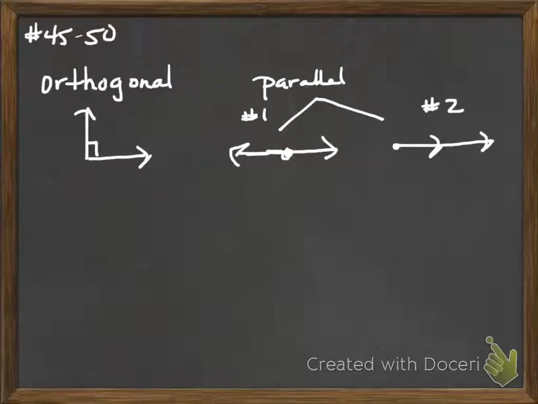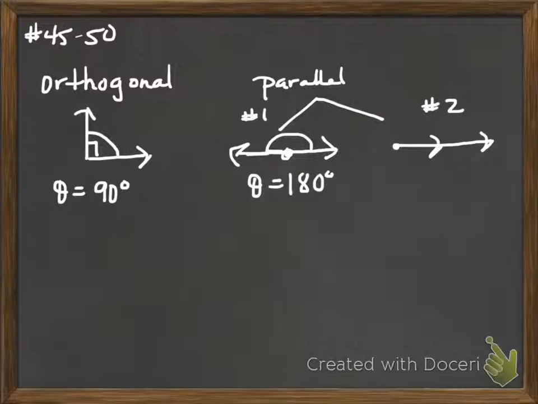What they want you to do is find the angles. The angle formed here would be 90 degrees. The angle formed here between the two vectors would be 180 degrees, and then the angle formed by case number 2 would be 0 degrees.